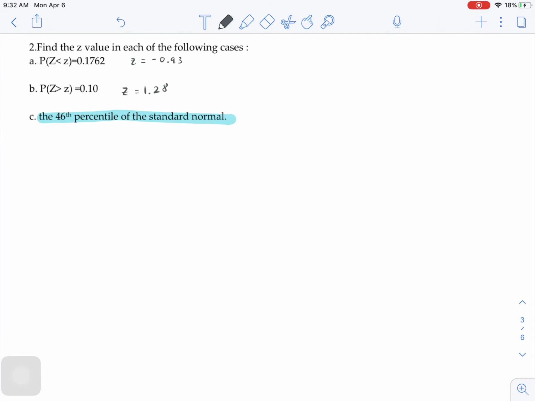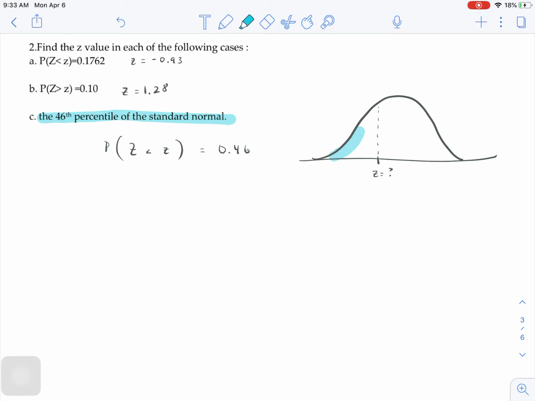So we want to find the Z-score corresponding to an area to the left of 0.46. So I want to find my Z-score, knowing that the area to the left is 0.46.